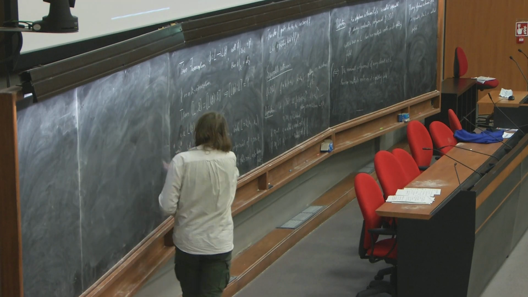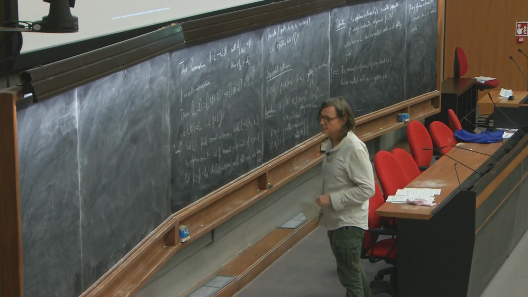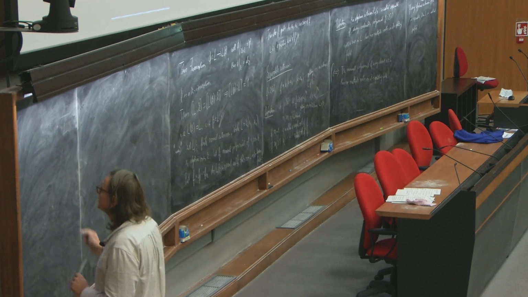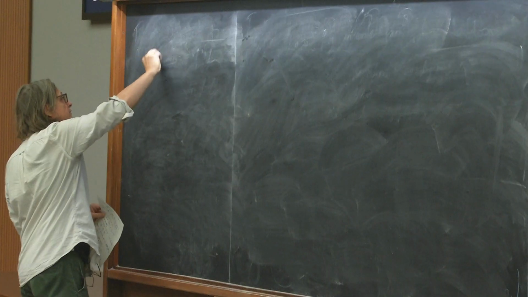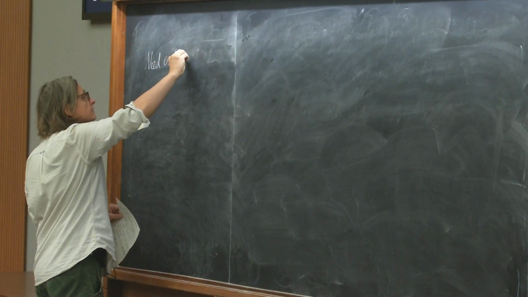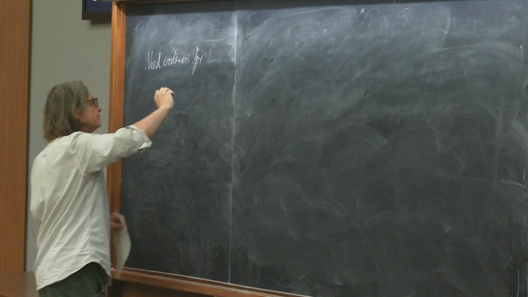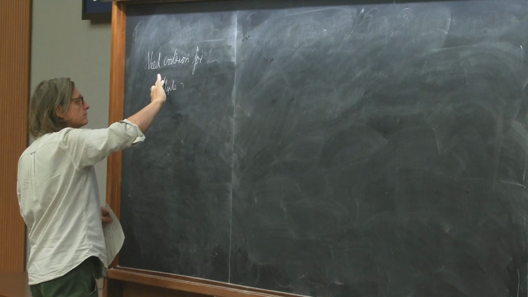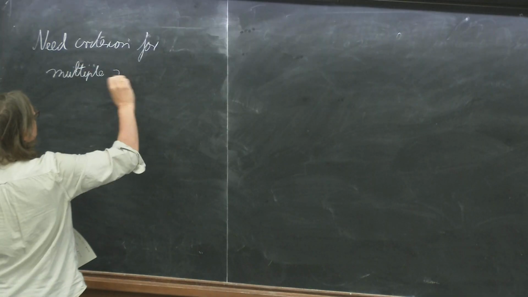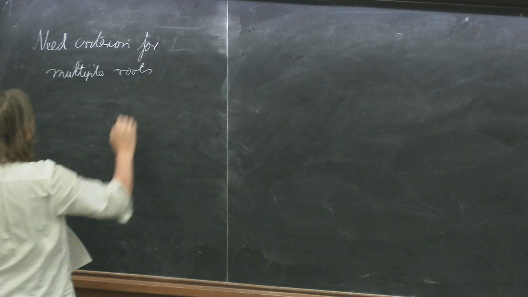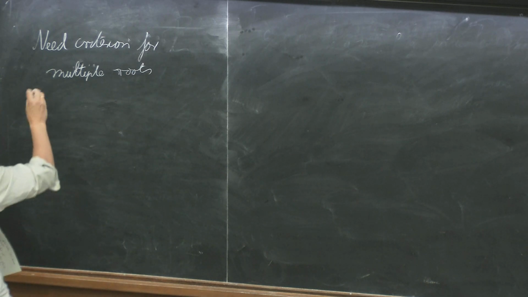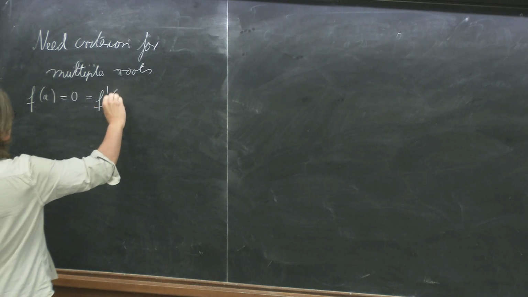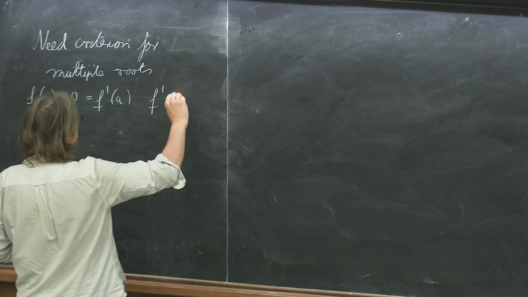Then the same statement will hold, and that will allow us to study this. So we need a criterion for multiple roots. And obviously, the criterion will be that f of A is equal to 0, is equal to f prime of A, where f prime is the derivative.